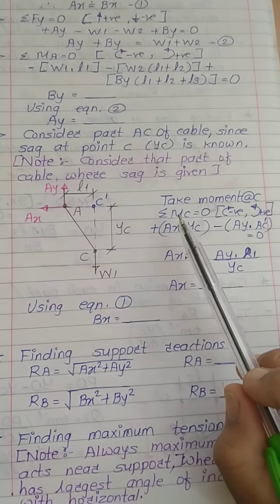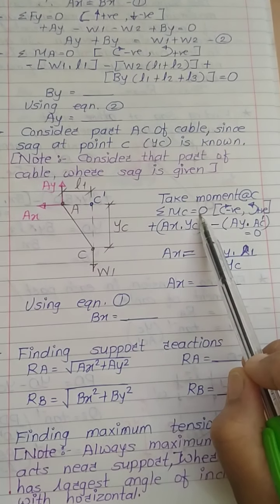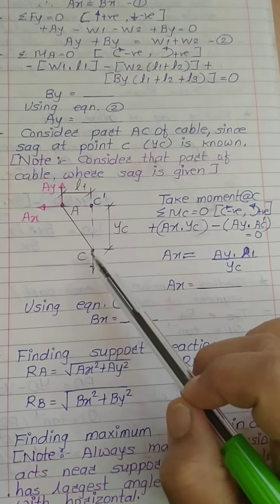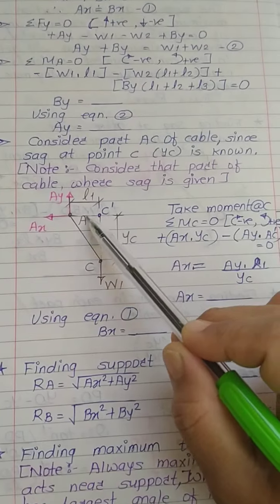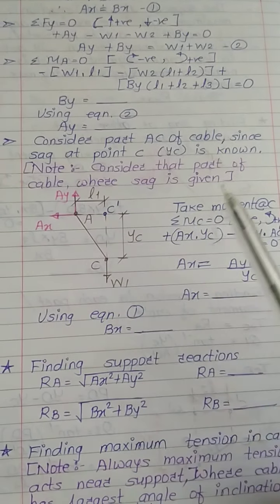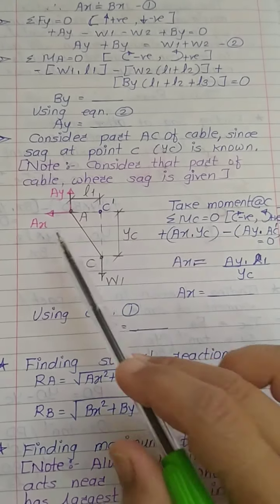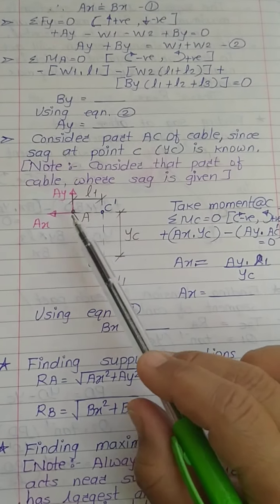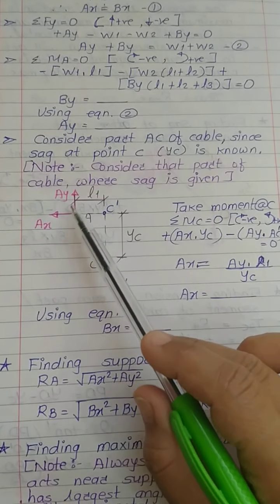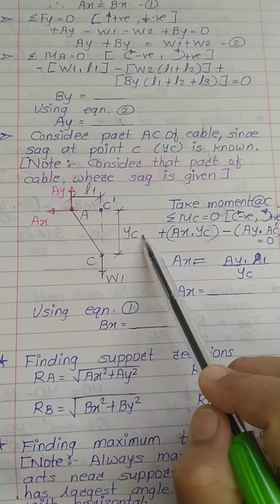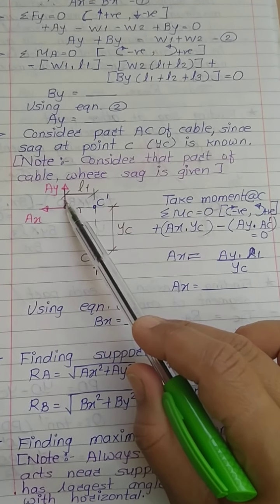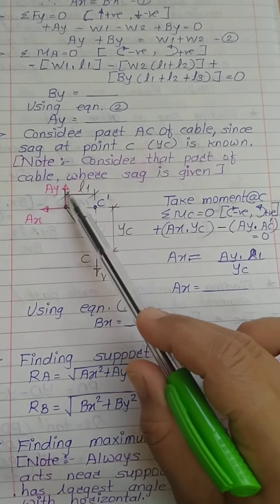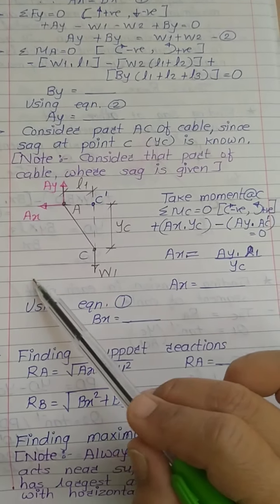Now what will happen after taking moment about point C? According to my sign convention, Ax is going to rotate in the anti-clockwise direction. So the moment of Ax about point C will be Ax into the distance between these two points, which is Yc. And Ay is going to rotate in the clockwise direction.